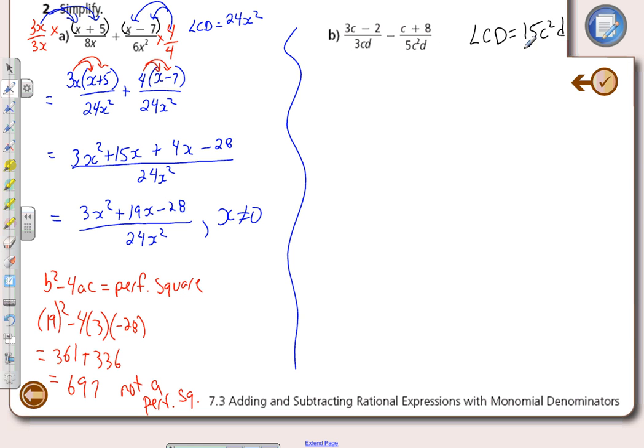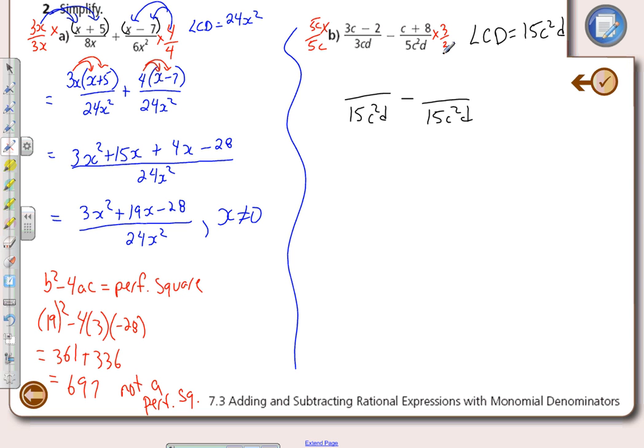In order to get to 15c squared d, we need to multiply the first one by 5c. And we need to multiply the second one by 3.